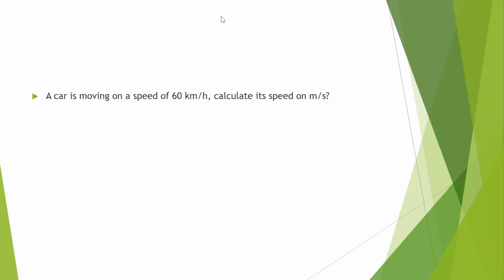Okay, now a car is moving at a speed of 60 kilometers per hour. Calculate its speed in meters per second.